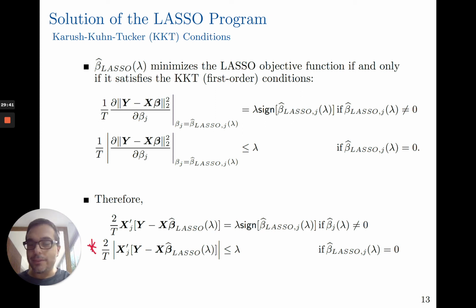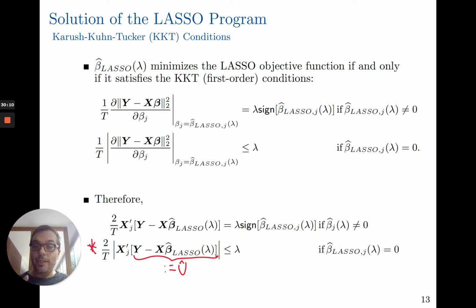What is this condition saying? Remember what we have here. This is exactly the estimated residuals. Once you have a beta hat, this is an estimator of the error term in our linear regression model, right?